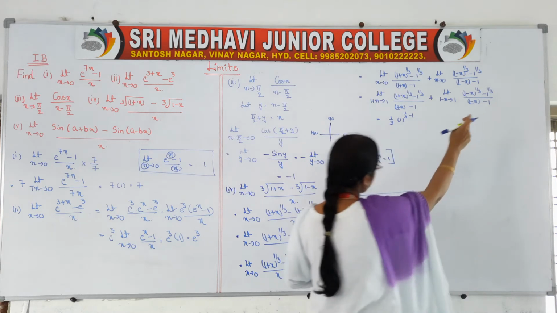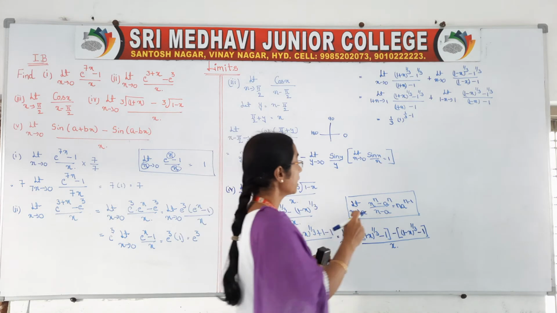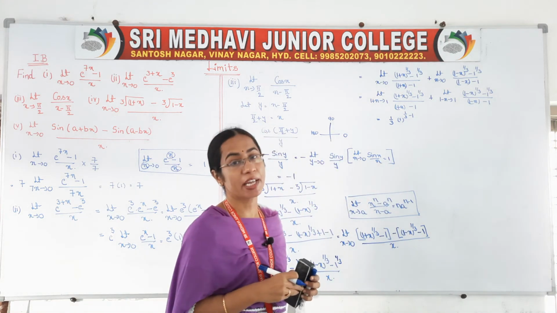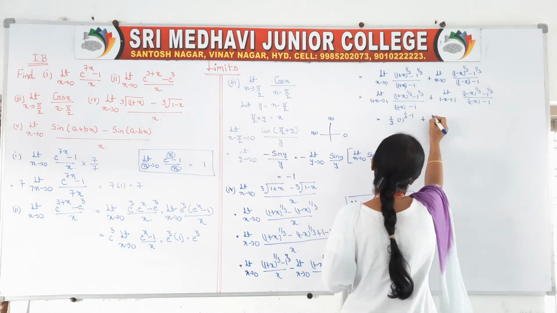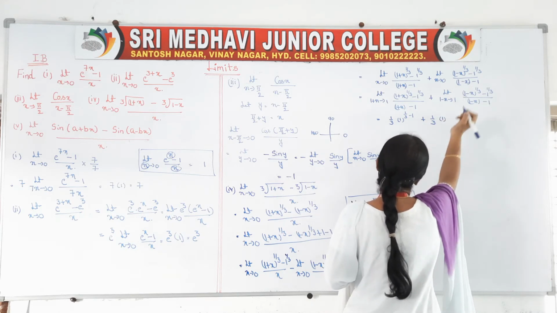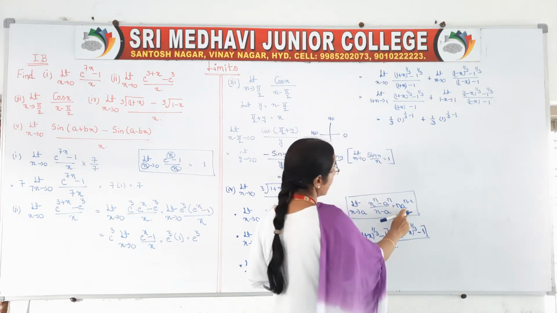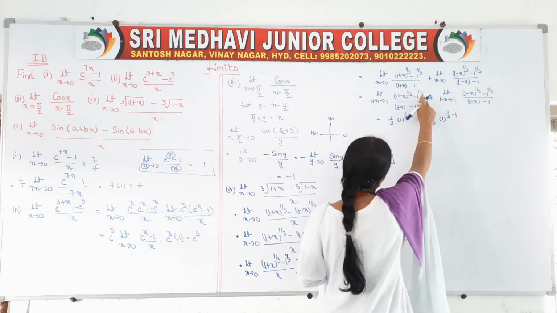Similarly, here in place of x we are having 1 minus x, in place of a we are having 1, in place of n we are having 1 by 3.